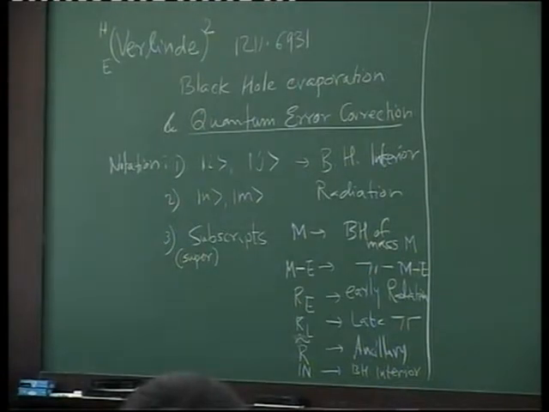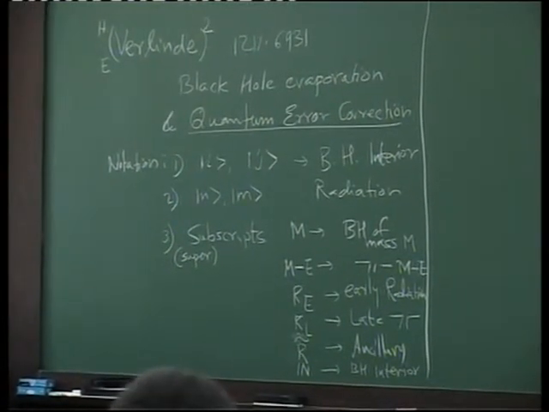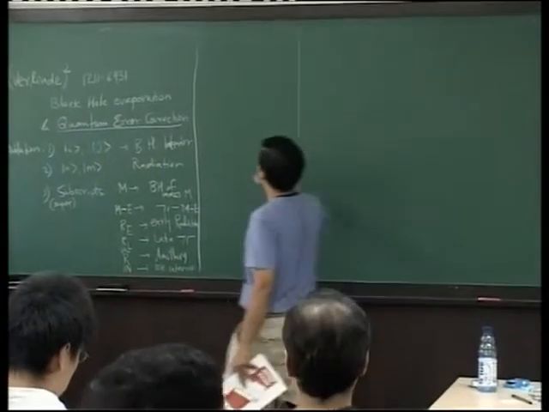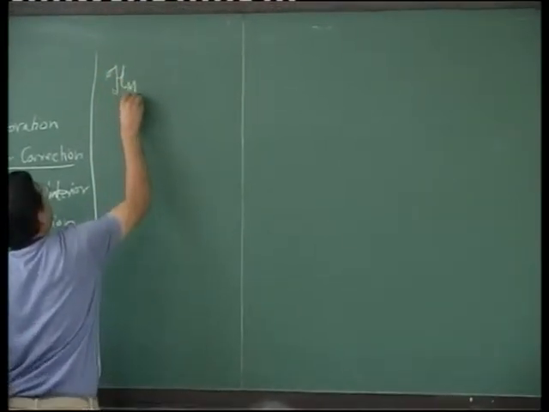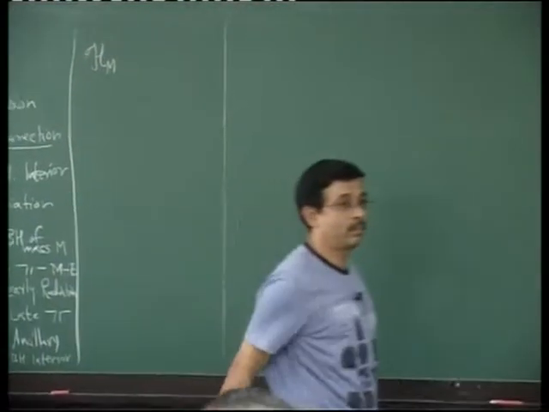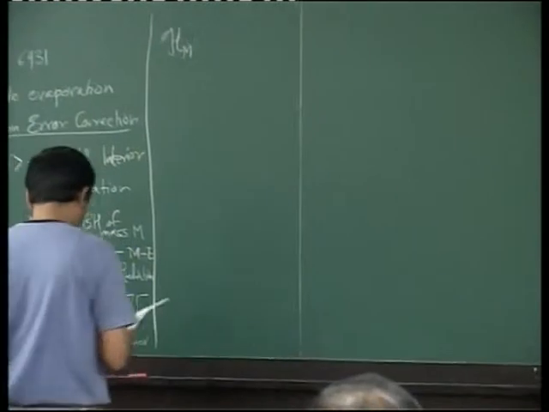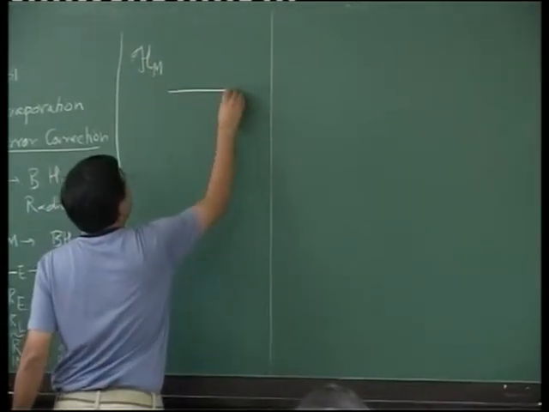Maybe it's not the right thing to do. People use some tilde variables and so on, but this is what I have done. The subscripts on states, on Hilbert spaces and so on. So for example, I write down a Hilbert space H_M corresponding to black hole microstates describing a black hole of mass M. Okay. And our picture is something like this.